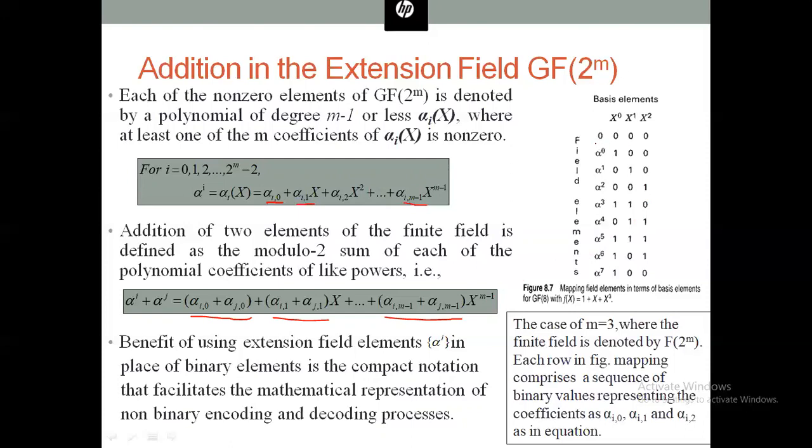So if we have 2 raised to power 3, or m is equal to 3, we start from 0 to alpha 7. But in fact, we generate these symbols with the help of a generator polynomial. With the help of this polynomial, we generate this symbol set.